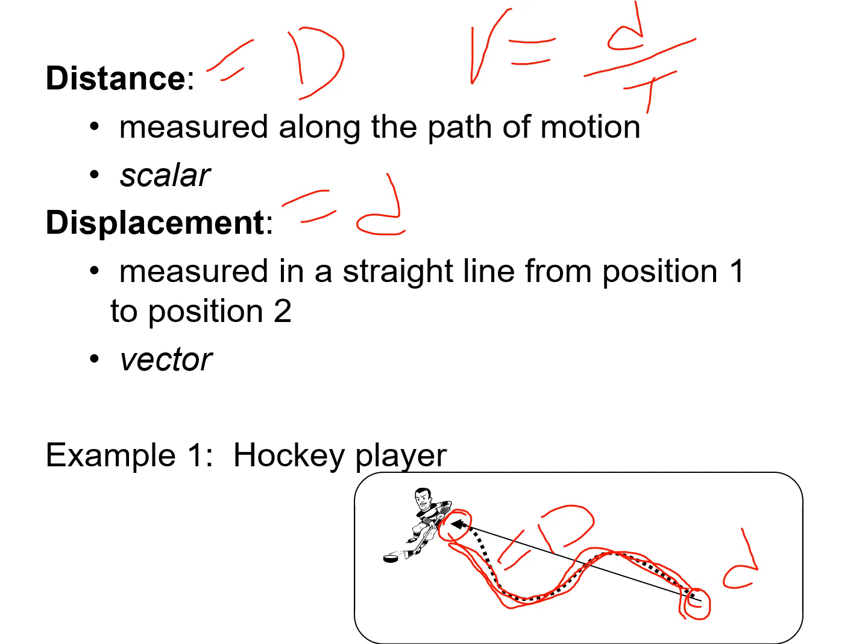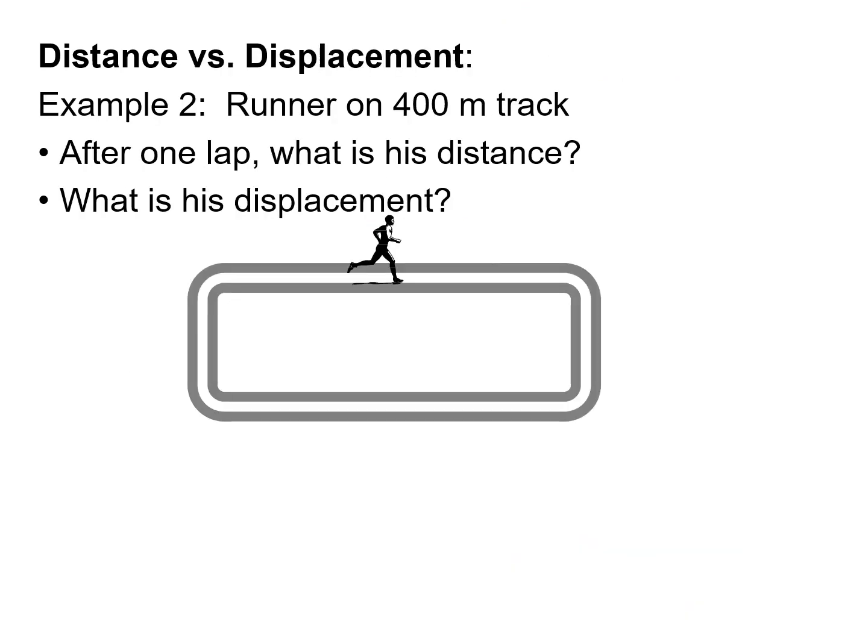So commonly, we'd say that displacement can never really be greater than distance traveled, okay? But when we start looking at calculating velocity, it's important to remember you're looking at a change in displacement, and it is a vector.